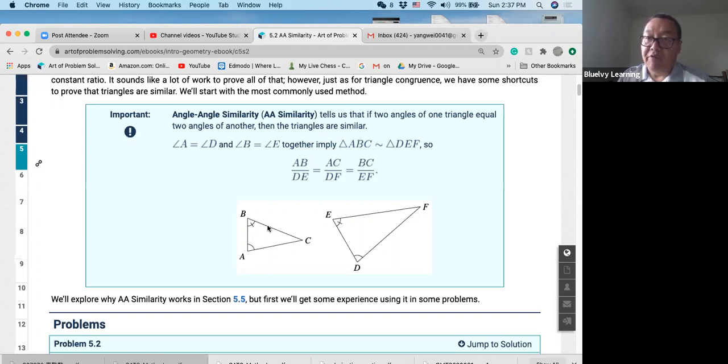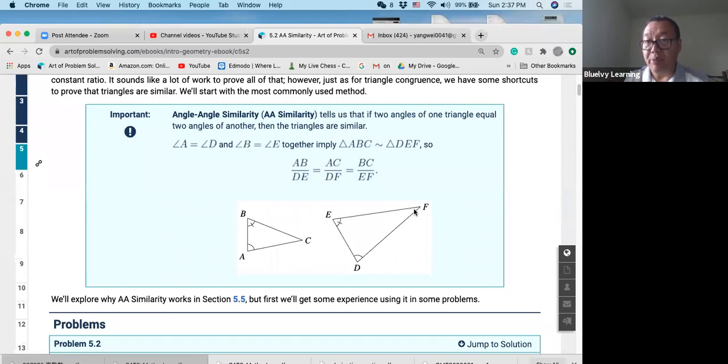The sum of the interior angles of a triangle equals 180 degrees, right? If angle A equals angle D and angle B equals angle E, definitely angle C equals angle F. So all these three corresponding angles are congruent.